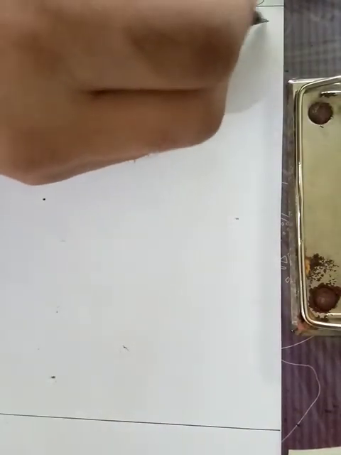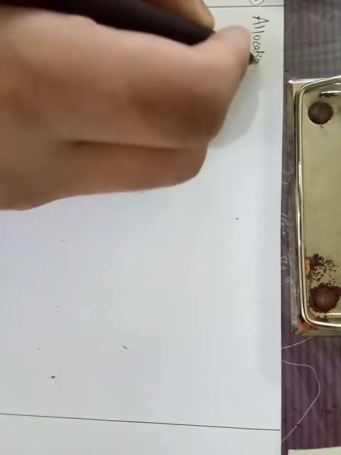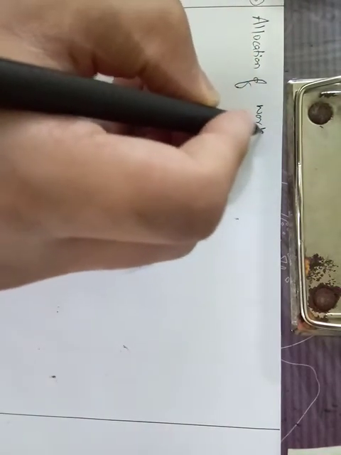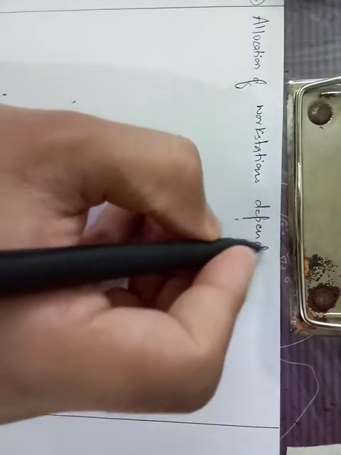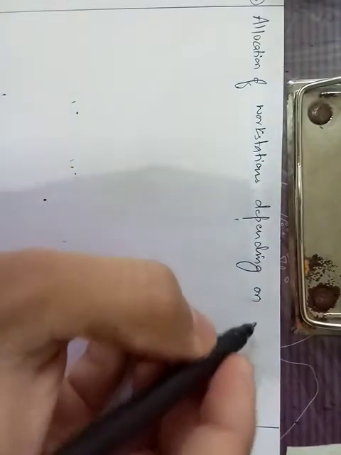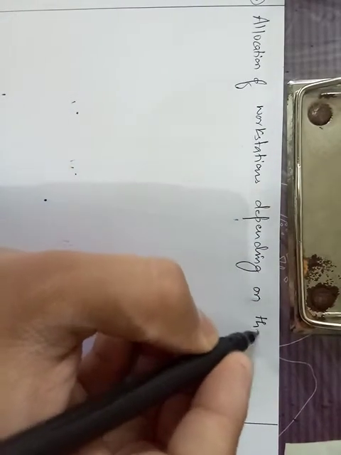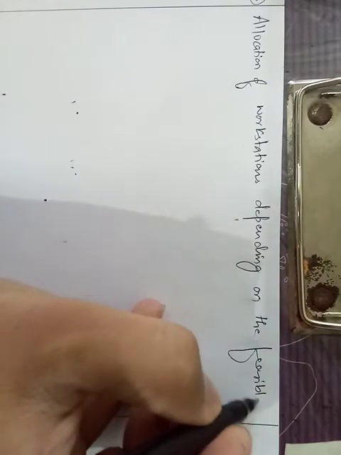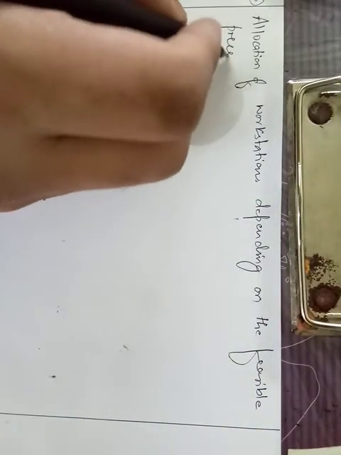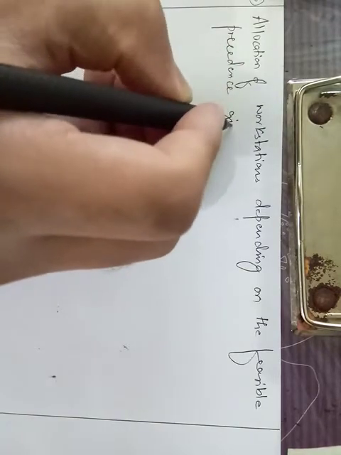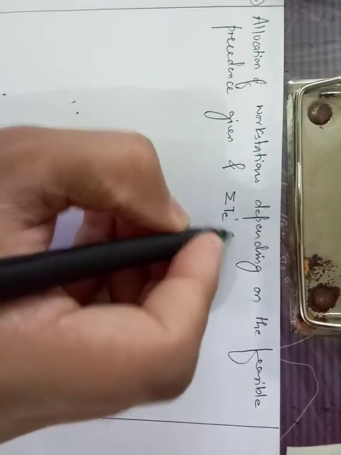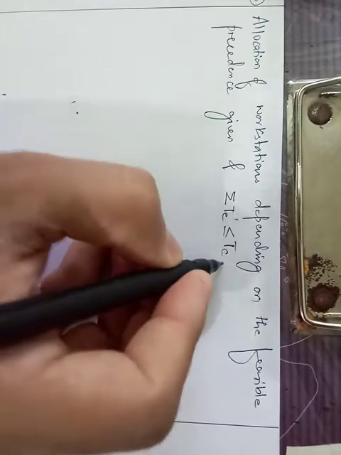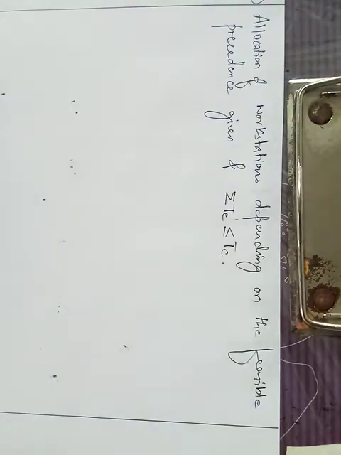So step number 3 is allocation of workstations depending on the feasible precedence given, and the same two conditions I have followed in the largest candidate rule, I am going to follow.